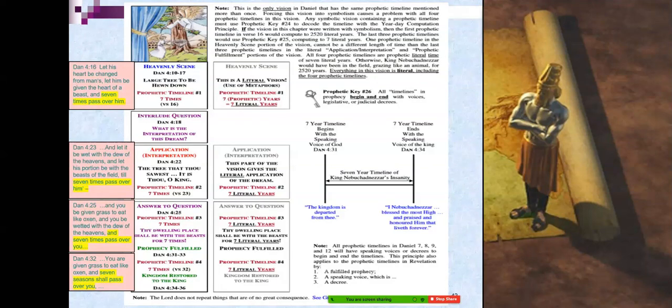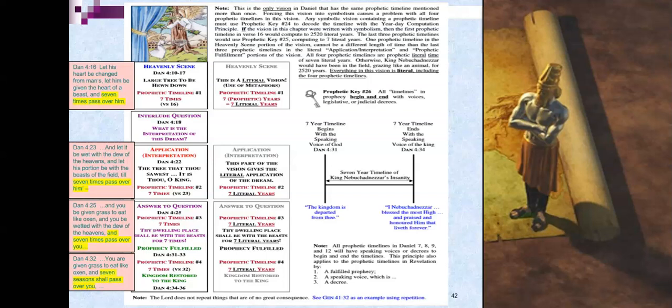I heard both answers. One is right. If this is a symbolic vision, okay, the heavenly scene, I heard literal. Okay, we're going to say that this is a literal vision, so that timeline is a literal timeline.